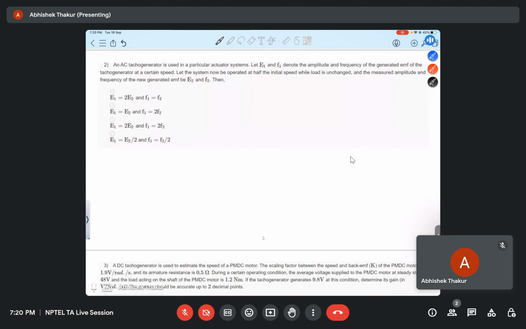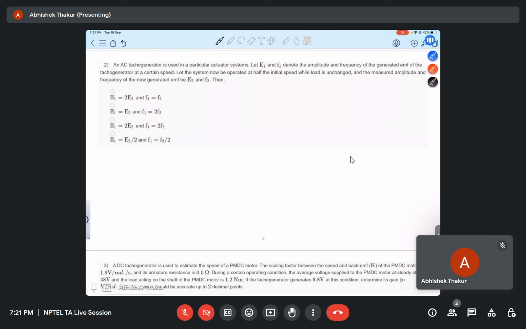That is question number 2. The question is, an AC tachogenerator is used in a particular actuator system.